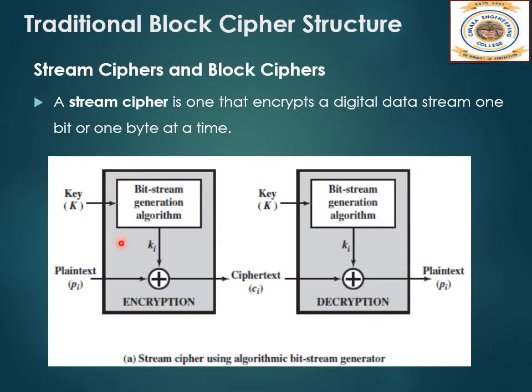So here we have a bitstream generation algorithm and the plaintext, then the encryption takes place and you have the ciphertext. At the decryption end, the ciphertext is given as an input, and again here also we have a bitstream generation algorithm which generates the key and the plaintext is obtained.